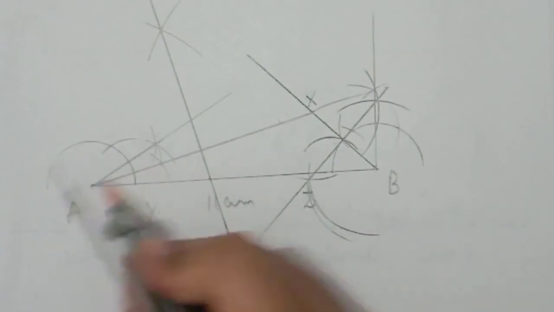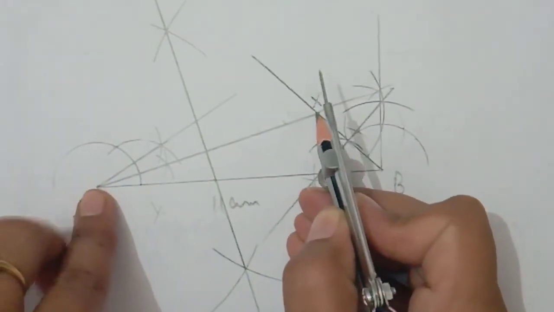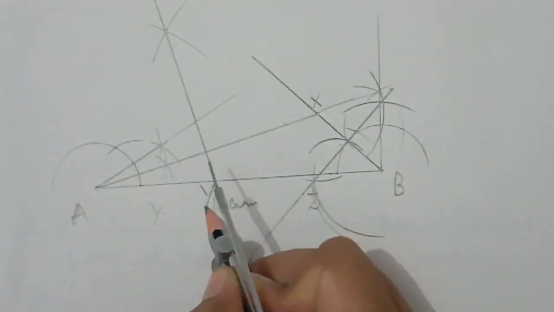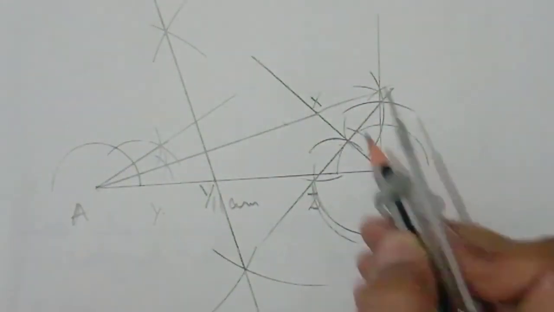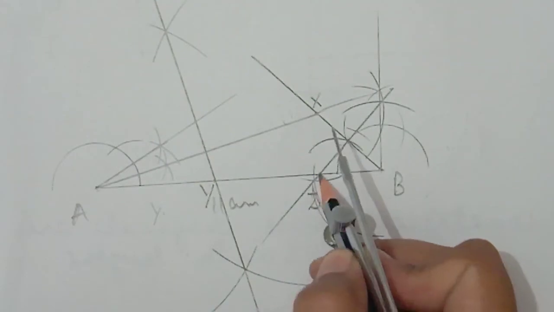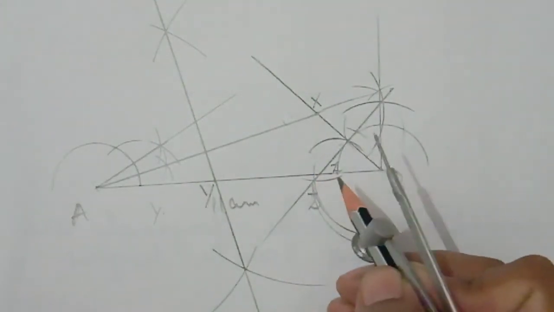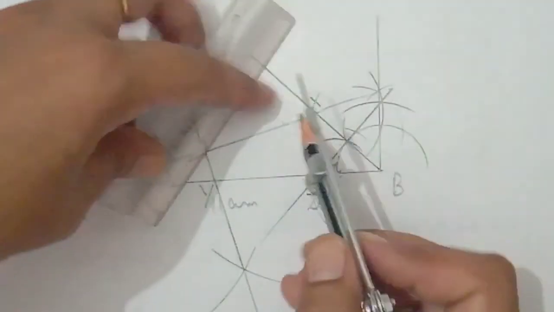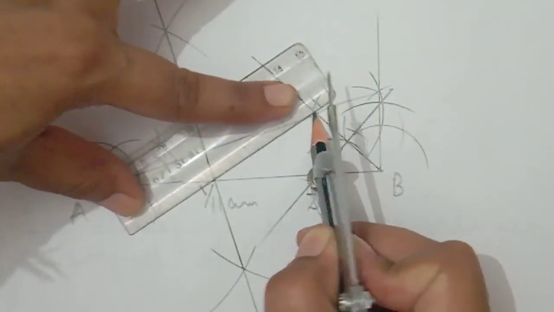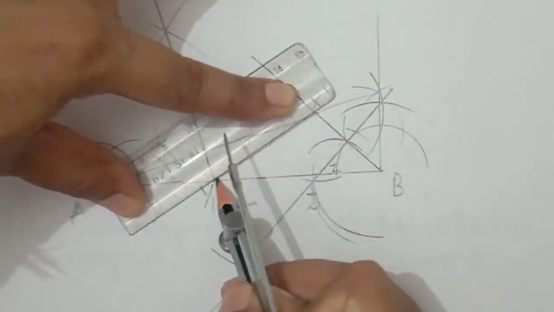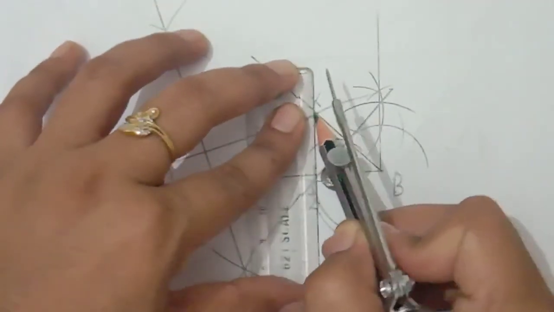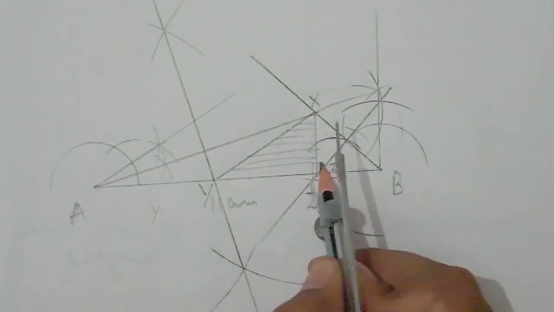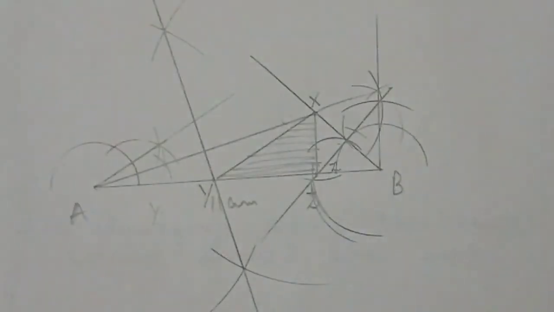So where the line bisector of AX cuts AB, we will mark it as Y, and where the line bisector of BX cuts, we will mark it as Z. Now Y and Z are very clearly visible, so we will join them with X because we know that the required triangle is XYZ. This is our required triangle XYZ.